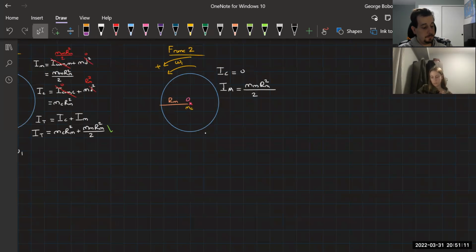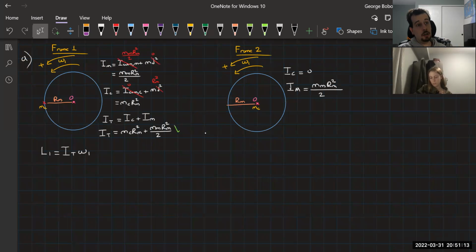Perfect. Now, if the child walked toward the center, obviously we've changed the angular velocity here to be something else. Is it faster? Yes, because we've reduced the moment of inertia. So in order to compensate for the angular momentum, if the moment of inertia dips, the omega climbs.